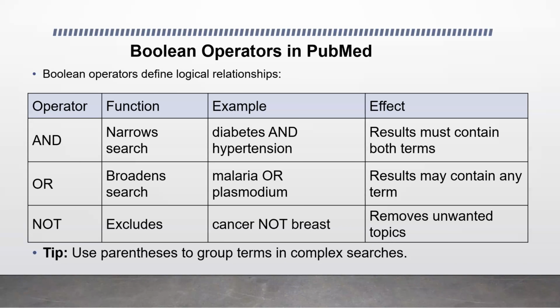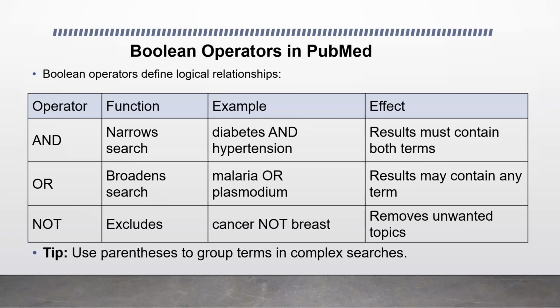And the Boolean AND commands the database to produce results that contain both terms. So you are commanding the database that you want the results to contain both terms, like diabetes AND hypertension.